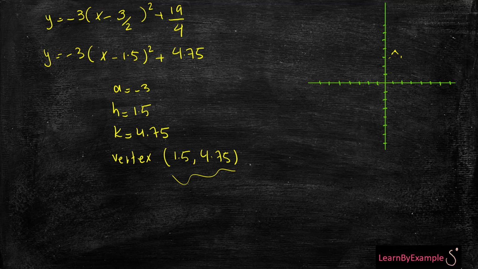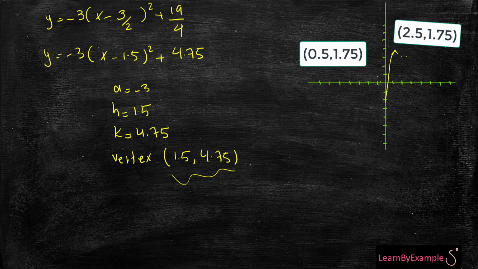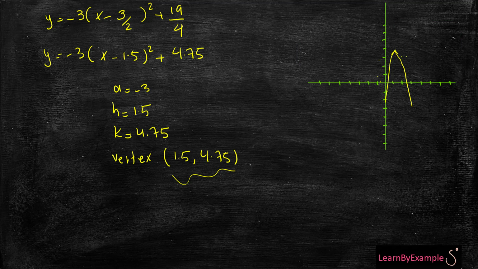So my points are going to be somewhere around here. And instead of that, they're just going to be shifted 3 down because it's multiplied by 3. It's going to look something like this. And there you go. This is a rough sketch for your equations.